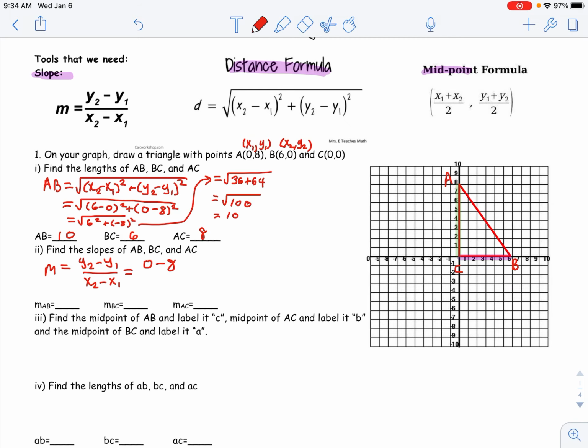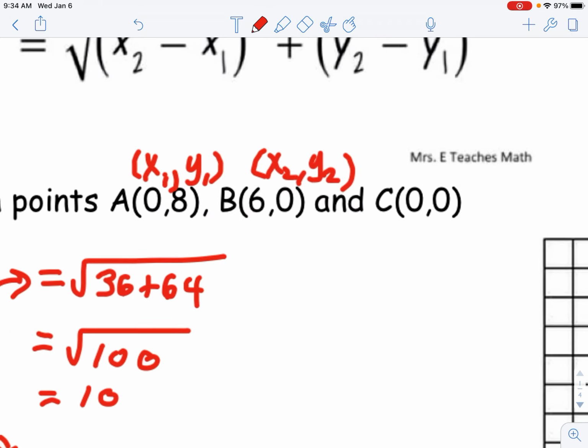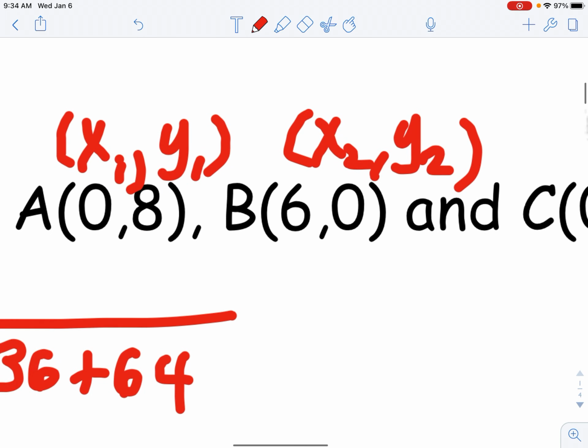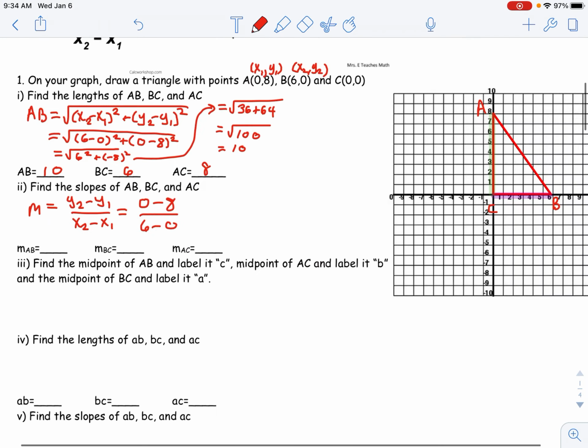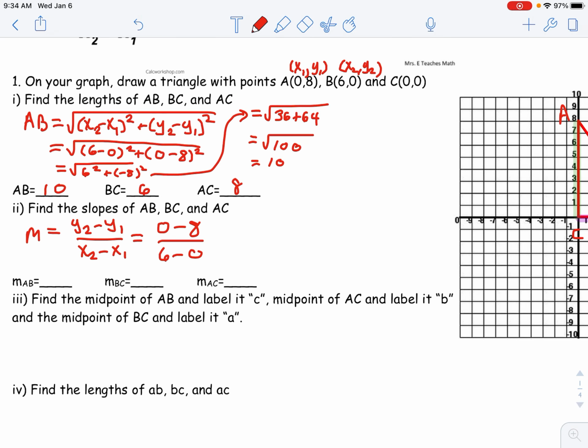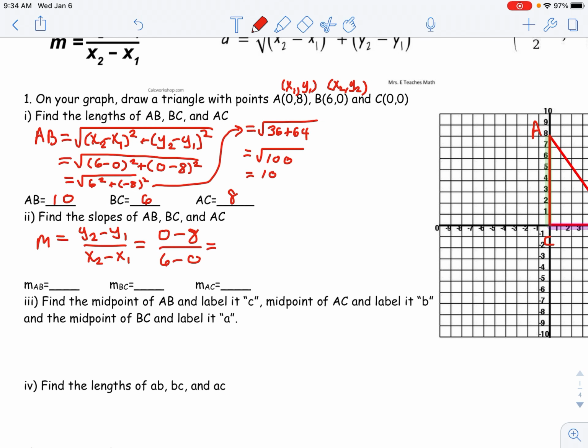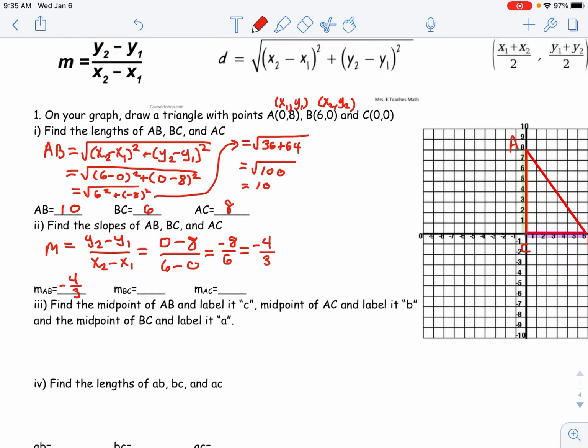Y sub 1 is 8, so 0 minus 8 over x sub 2, I called 6. And again, remember I labeled the points right here. That's where I'm getting them from. So remember the slope formula, plug in things correctly. Now just do computation. 0 minus 8 is negative 8, 6 minus 0 is 6, and that simplifies to negative 4/3. So that's the slope of AB, negative 4/3.